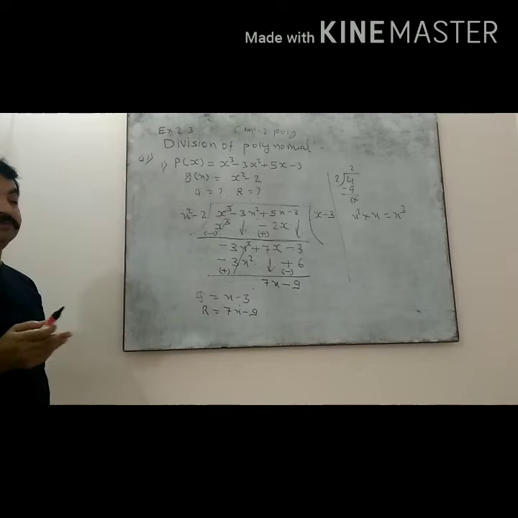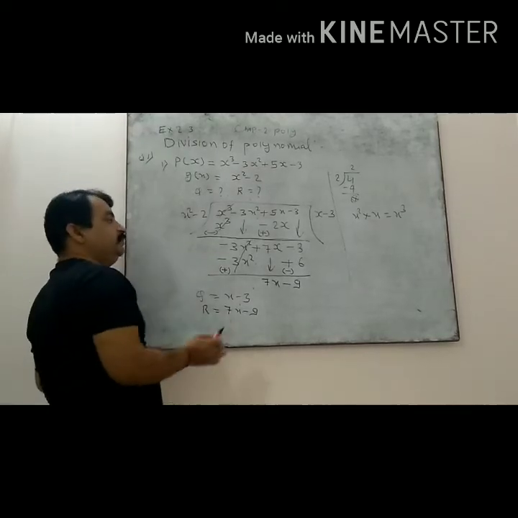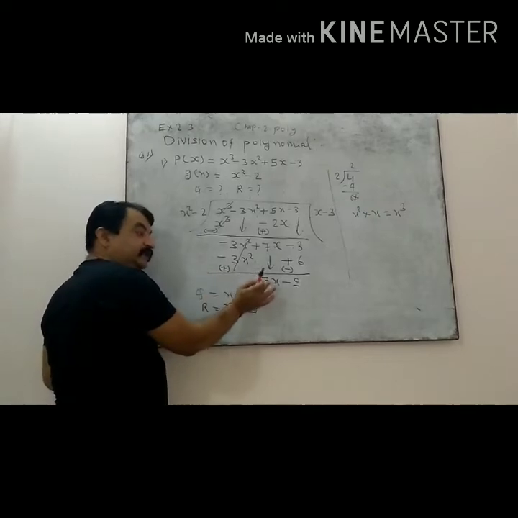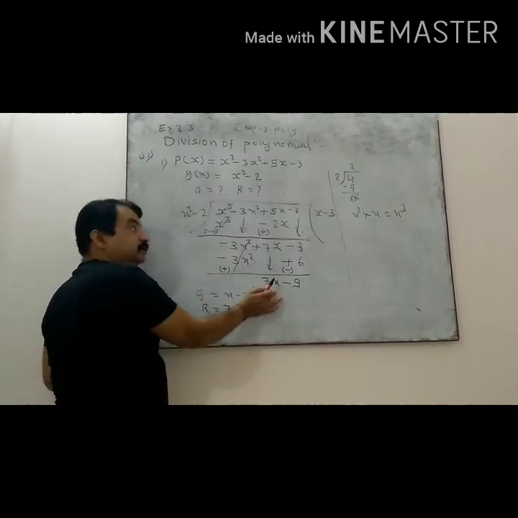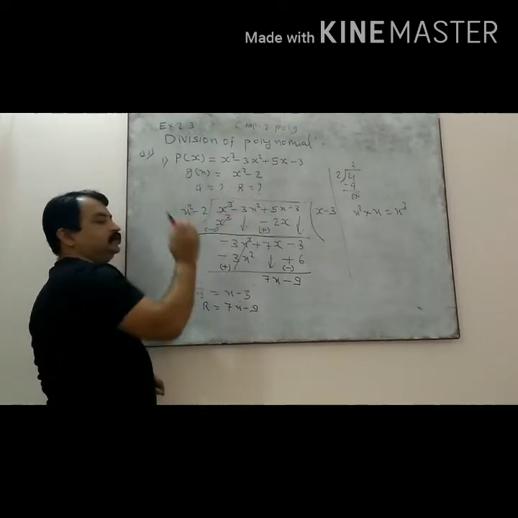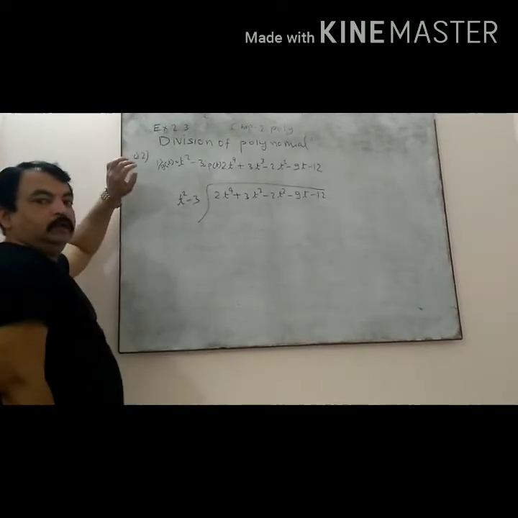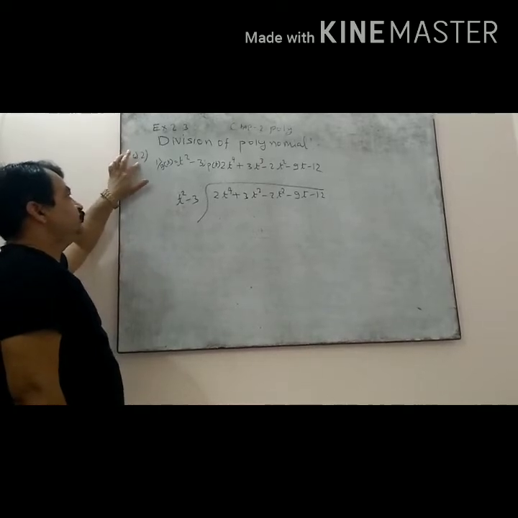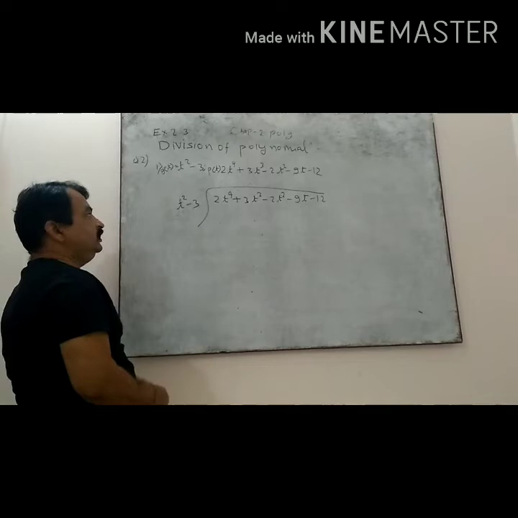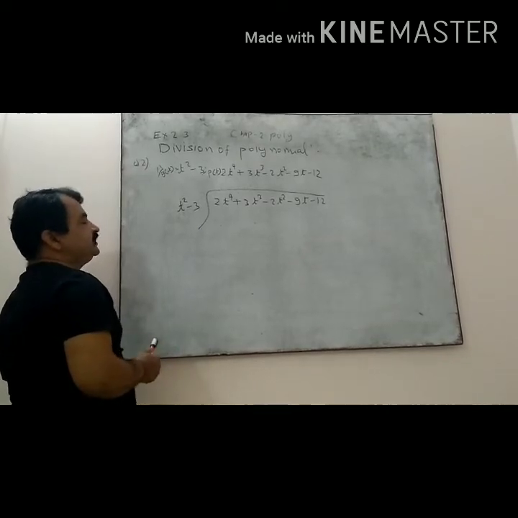Factor means the remainder must be 0. In the same pattern we work for question number 2 also, and if we get remainder 0, then the divisor will be a factor of the given dividend. Clear?